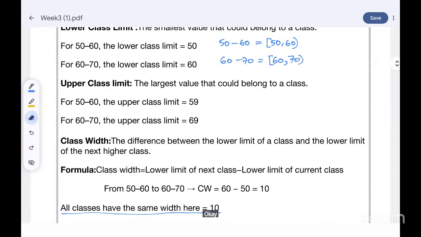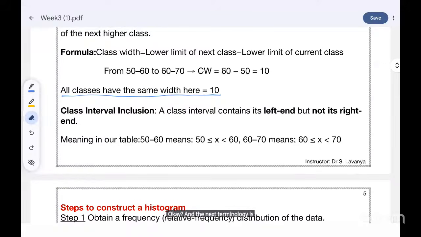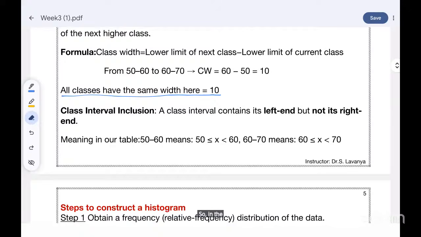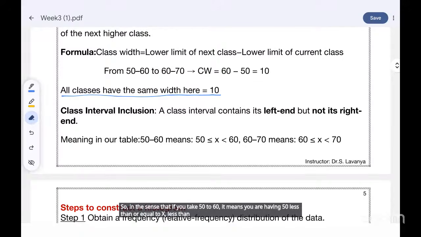And the next one is not more terminology, but inclusion. This is again something we are repeating. So what is inclusion? A class interval contains its left end, but not its right end. In the sense that if you take 50 to 60, it means 50 less than or equal to x less than 60. And 60 to 70 means 60 less than or equal to x less than 70. Now suppose you have one data point, which is 60.